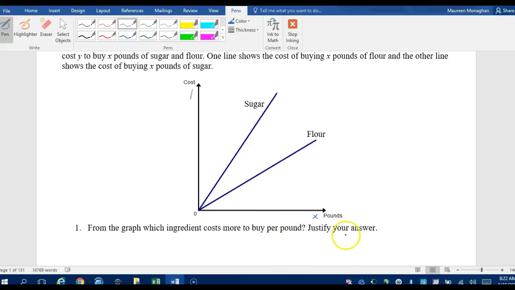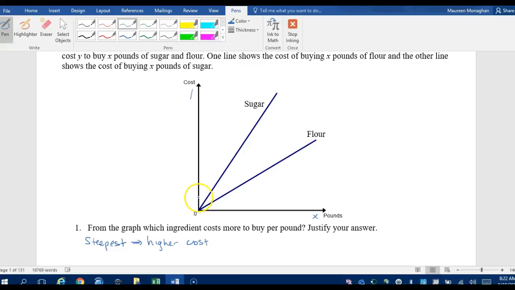From the graph, which ingredient costs more to buy per pound? Justify your answer. Which one goes up the fastest is what I would look for. So which is the steepest? The steeper line gives a higher cost because it goes up the fastest.